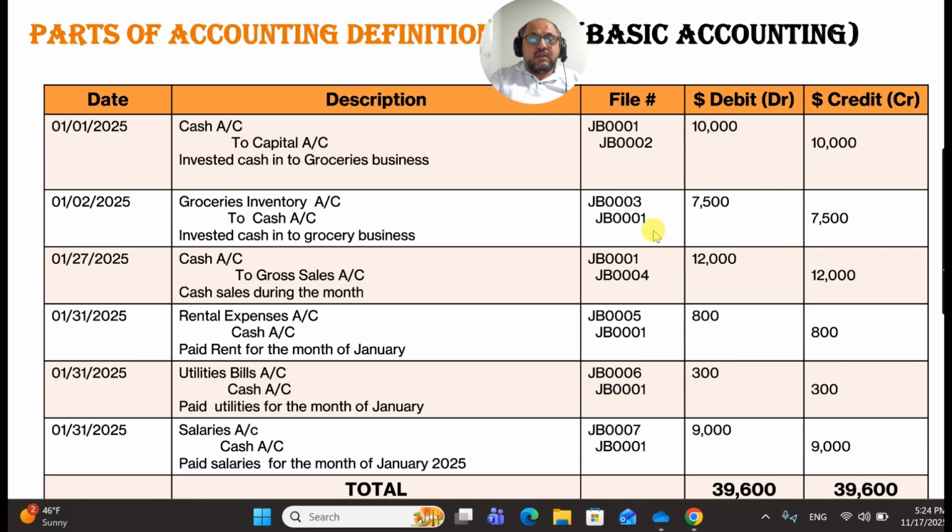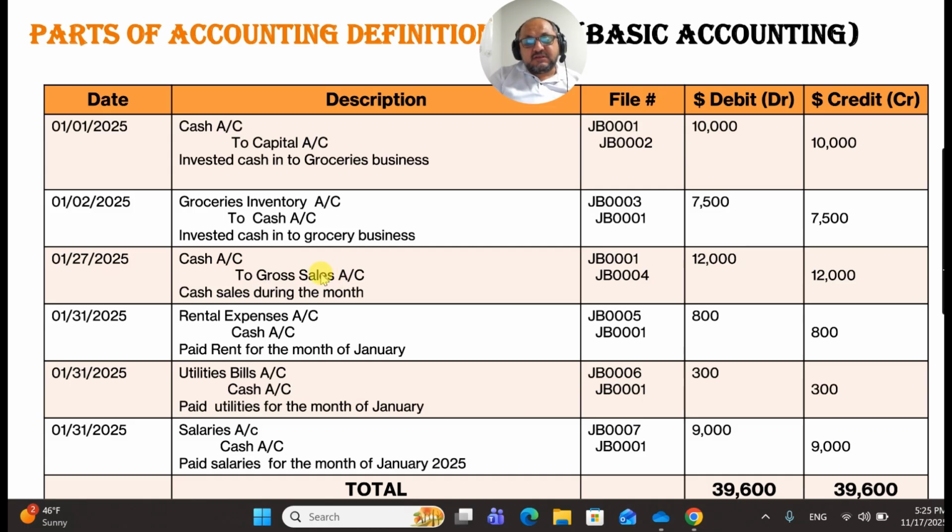The same way. On January 27, when he calculated his 25 days of business income, he received 12,000 cash from the sales of the groceries. This is also a type of asset, but this is current asset.